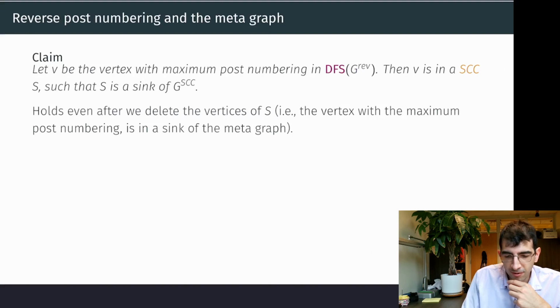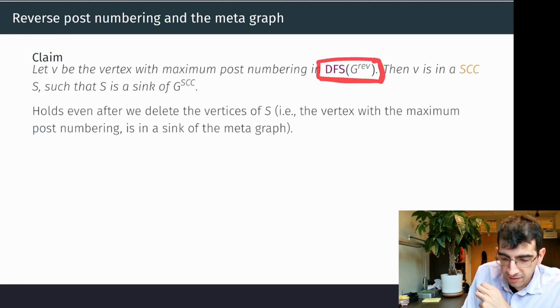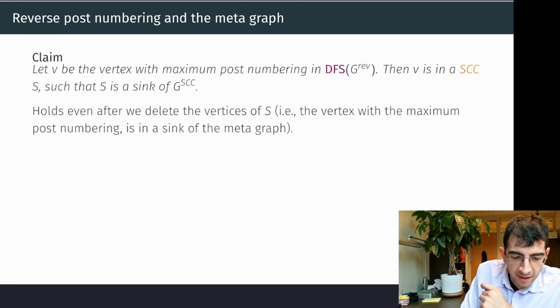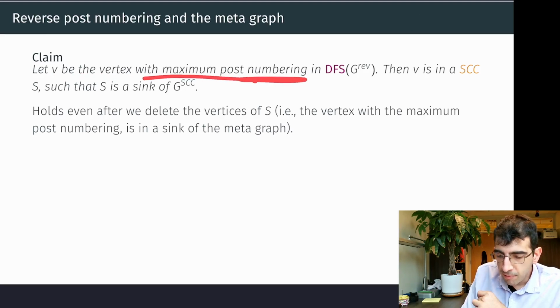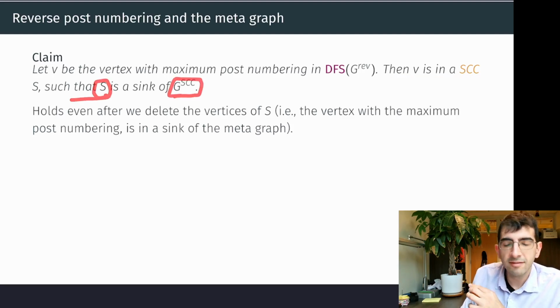Okay, so here's the claim. If we calculate DFS on G reverse, there is some vertex V that will have the maximum post-order numbering, then V is in an SCC such that the SCC is in the sink of the metagraph.